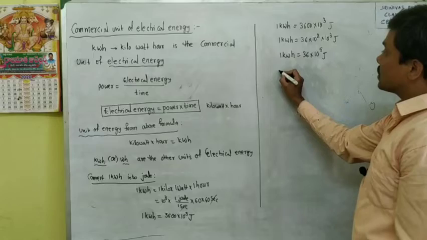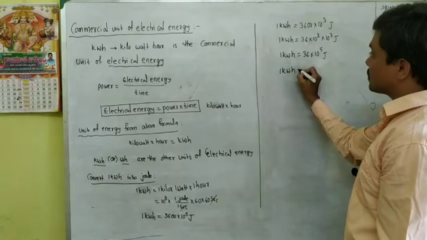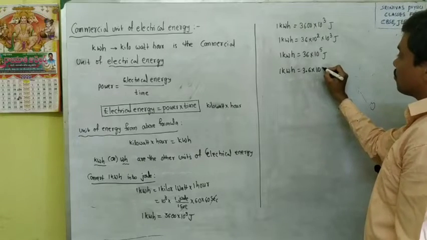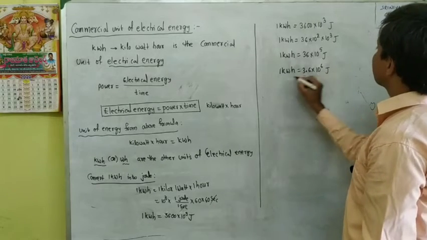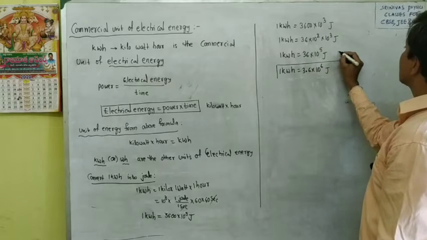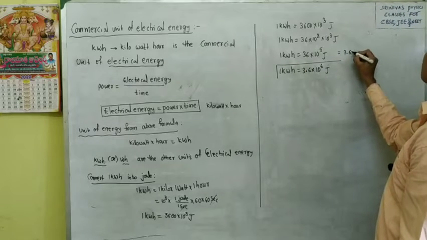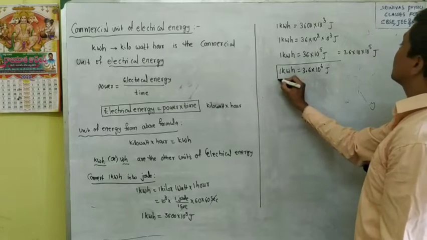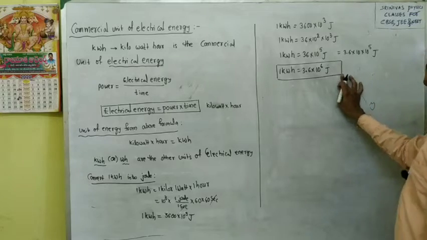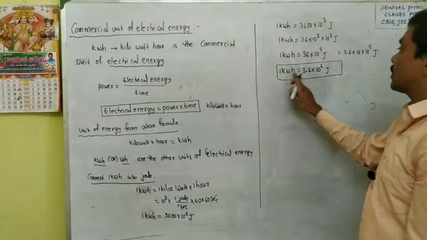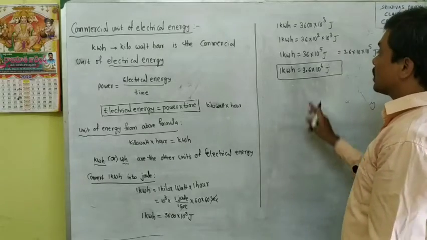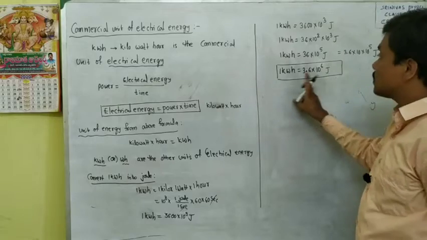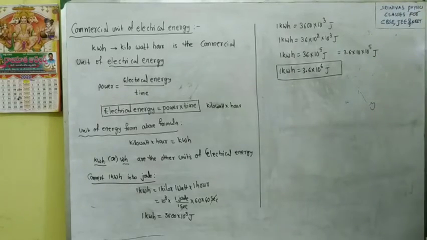This we can also write as 1 kilowatt hour is equal to 3.6 into 10 power 6 joule, because I am writing 3.6 into 10 into 10 power 5. This is how to convert kilowatt hour into joules. You must remember 1 kilowatt hour equals 3.6 into 10 to the power of 6 joules. Kilowatt hour is a unit of energy and joule is also a unit of energy. That's how kilowatt hour is converted into joule.